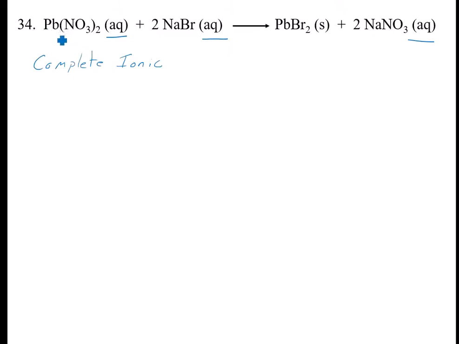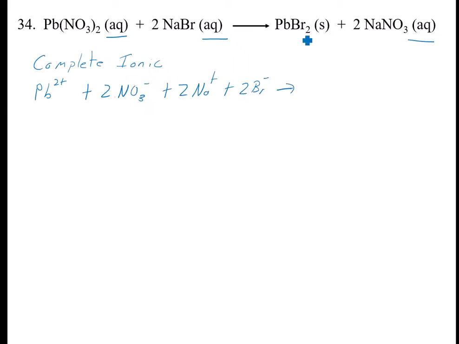So 1 times 1, I have a lead. The lead charge on this one is a 2 plus. Plus 1 times 2 gives me 2 NO3s. If it's in parentheses like that, it's a polyatomic ion. Plus 2 times 1 gives me 2 Na, which has a plus 1 charge, plus 2 times 1 is 2 bromides.